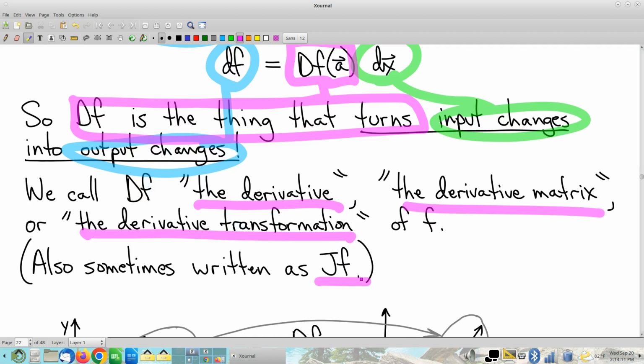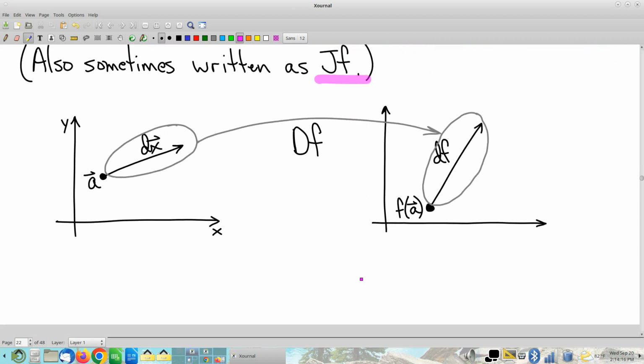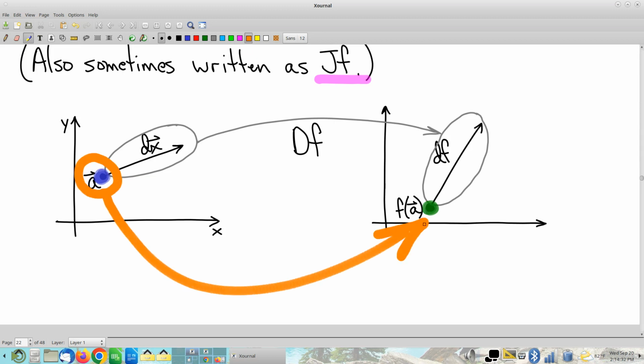So anyway, here's a picture of what we're talking about. If you have a point here in a domain whose image is here in the target, keep in mind what functions do. Functions take input points and give you output points.